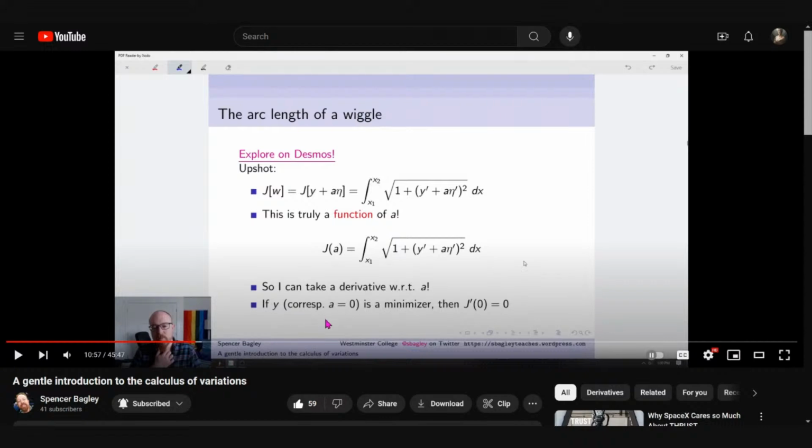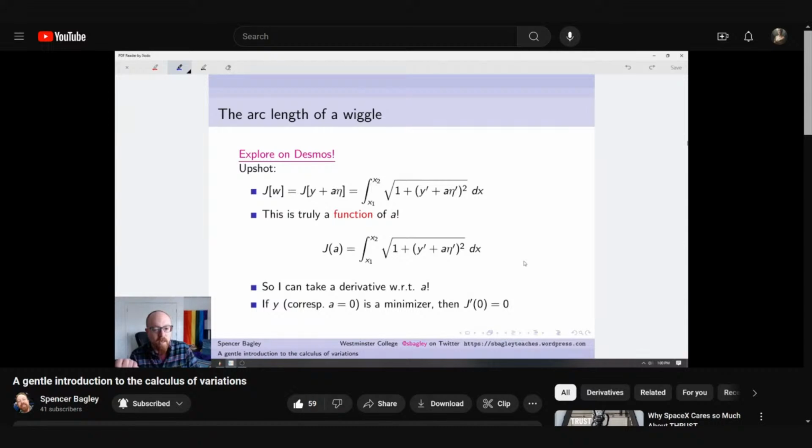If y corresponds to a equals 0, is a minimizer, then j prime at 0 equals 0. Let's see what he says. Back to a. And what's more, if my original function is a minimizer, that's the one that corresponds to a equals 0, which means that j prime at 0 ought to be 0.